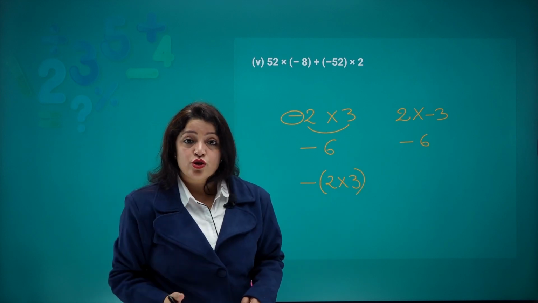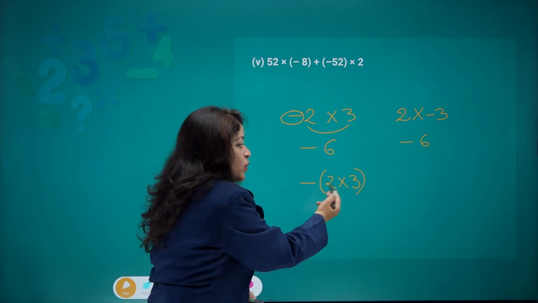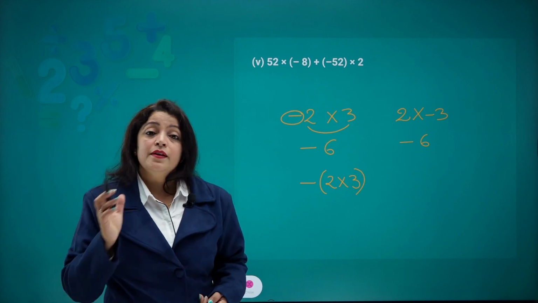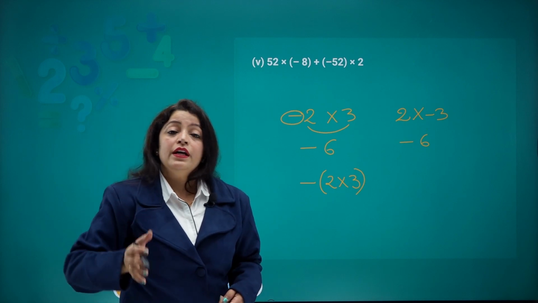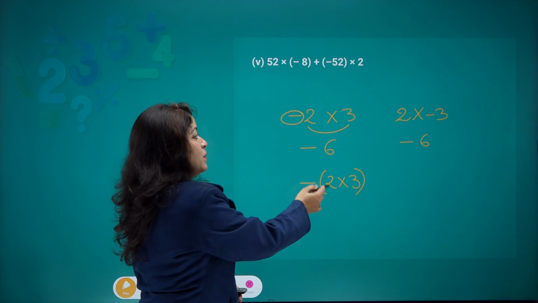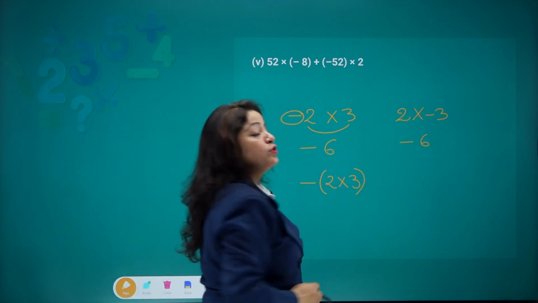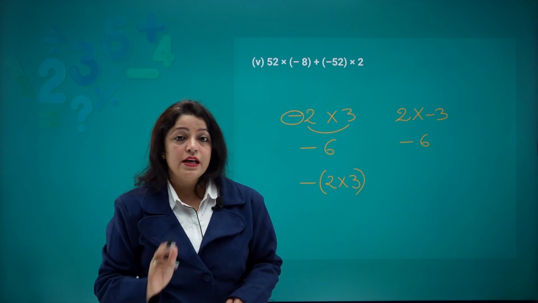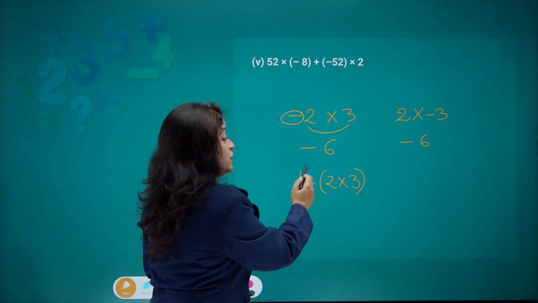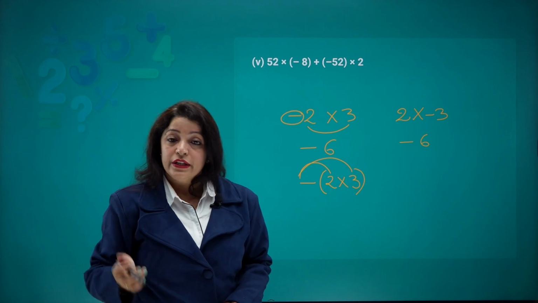That shows if there is a minus sign with a product of integers, the minus sign can be with any of the integers. It may be with 2 in this example, or it may go with 3 also. The result will remain the same. It will not go with both integers.